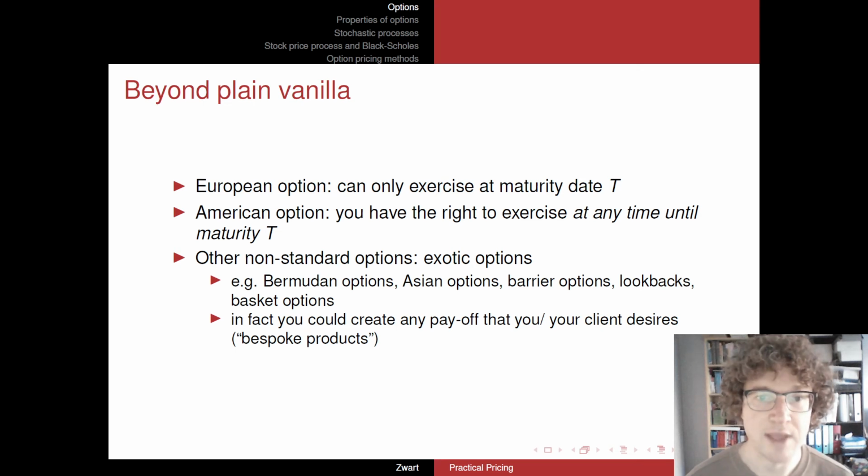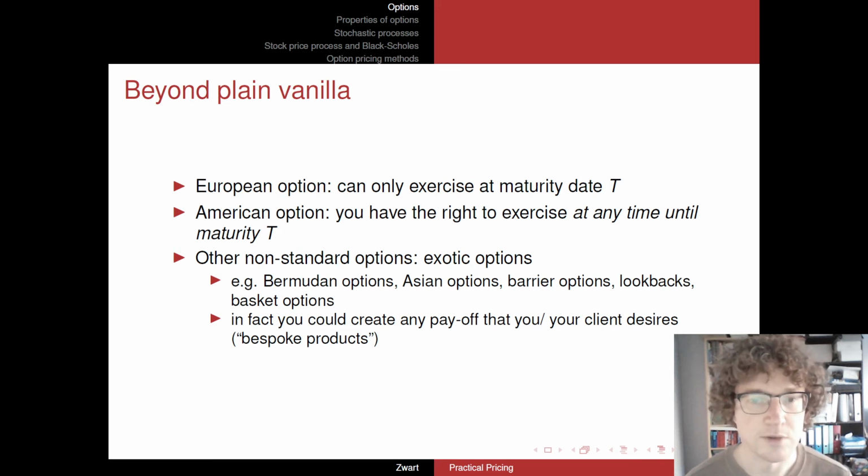In contrast, if we have an American style option, then this option gives you the right not only to exercise it at that time T, at this maturity date 1 month from now, but at any time up to and including T. So if I'd like to use that option today, I'm allowed to do so if it's an American style option, but I have to wait until the maturity date if it's a European style option.